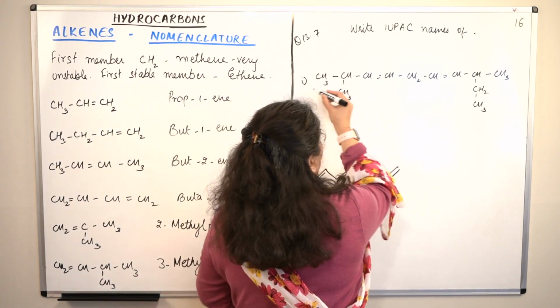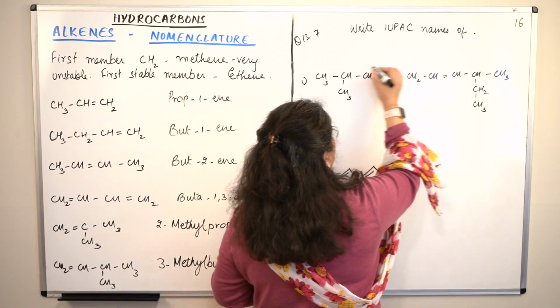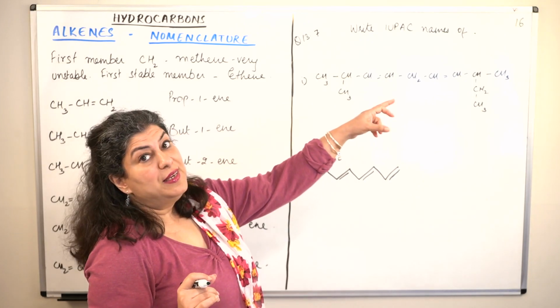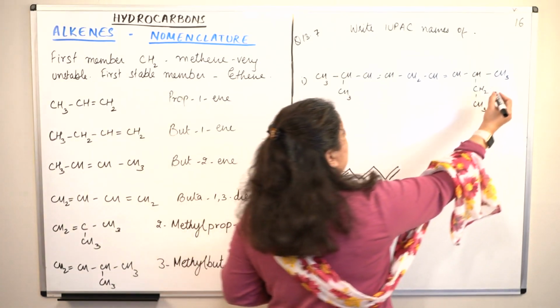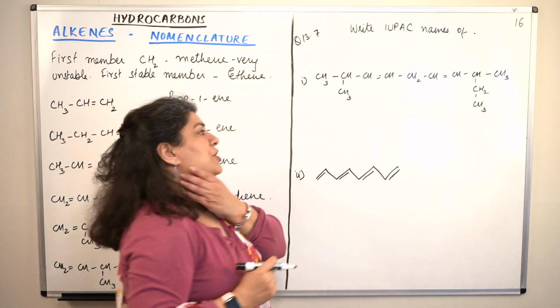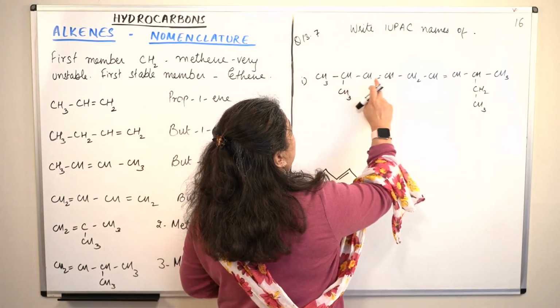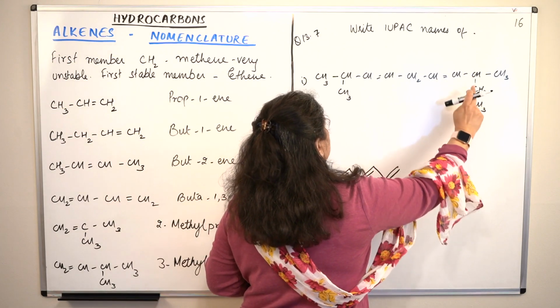So actually your chain will be this one, right? And that methyl is only a branch. So now what is the total number of carbon atoms? Let us count in the longest chain. 1, 2, 3, 4, 5, 6, 7, 8, 9, 10.